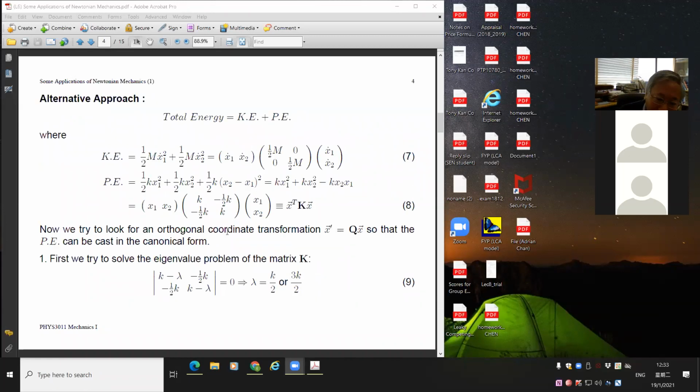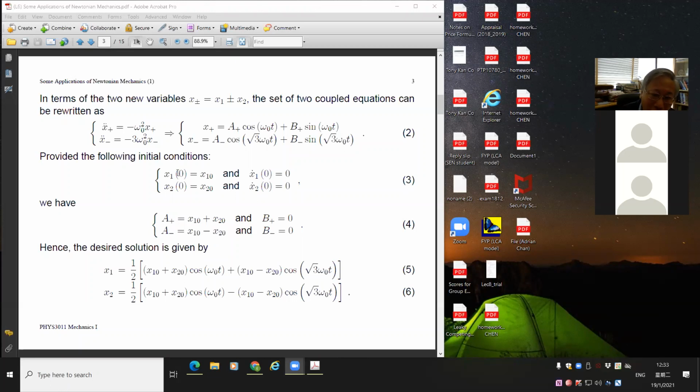Now, this is the standard approach. Now, what is the problem? What is the difficulty of solving the set of equations using this method? Especially if we have more blocks. In other words, if we have more subsystems, we will have a set of n coupled second order differential equations.